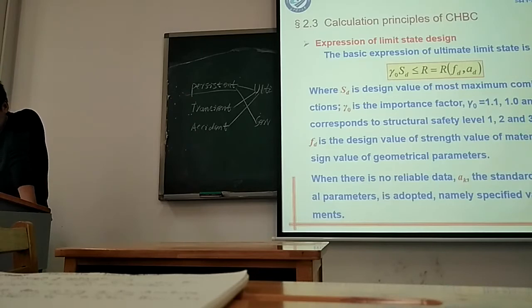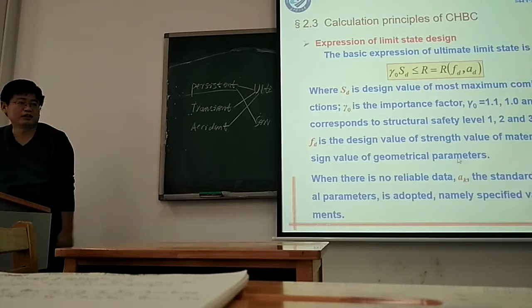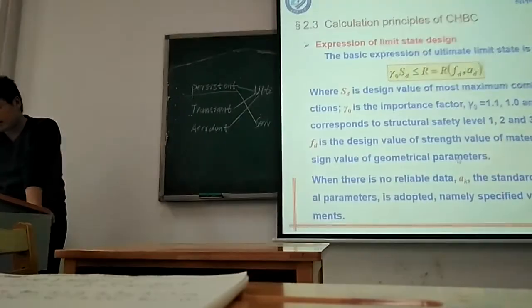When there is no other specification, the standard value of the geometrical parameter is namely the specified value in the design document. Just look at the code and you can find this value.